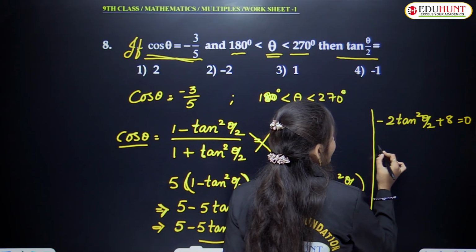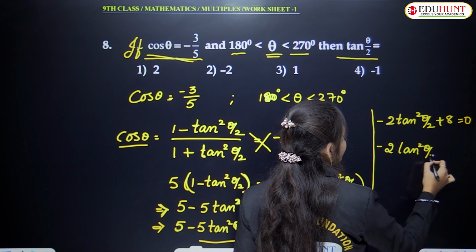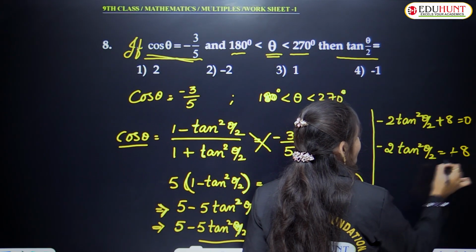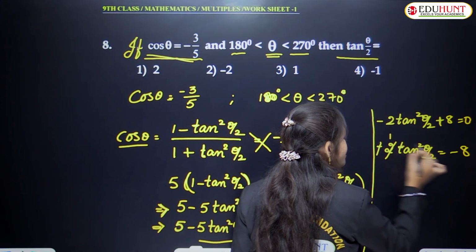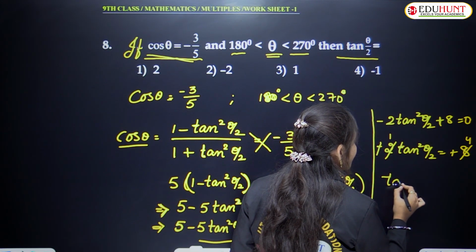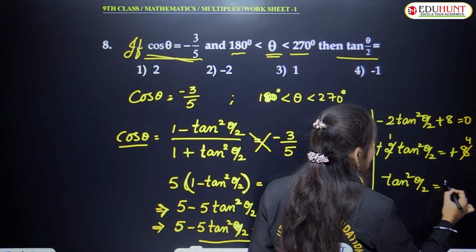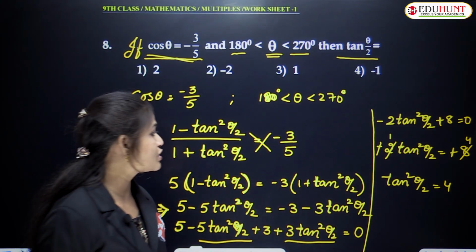Now minus 2 tan square theta by 2 is equal to minus 8, as the plus 8 moves across. Minus and minus cancel. So 2 ones are 2 and 2 fours are 8, so tan square theta by 2 is equal to 4.